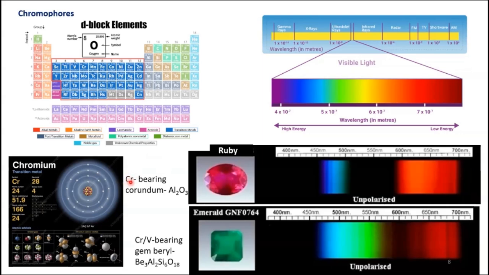Chromium, due to its specific electron configuration, can absorb some of the wavelengths. Here is the absorption color spectrum. This is the normal visible light spectrum, which extends from 400 to 700 nanometers in electromagnetic radiation.